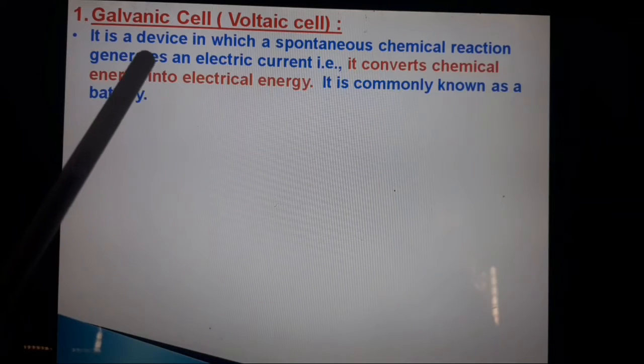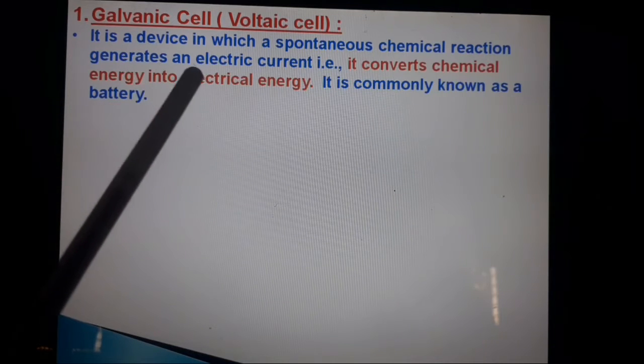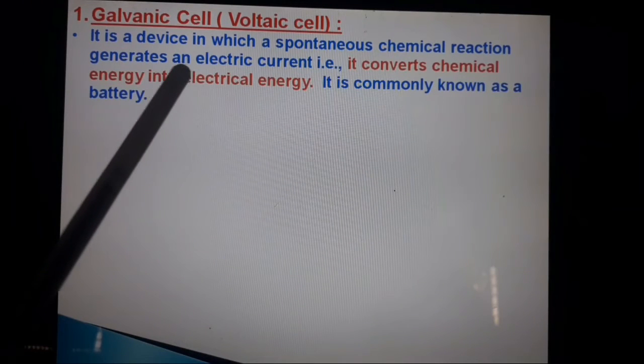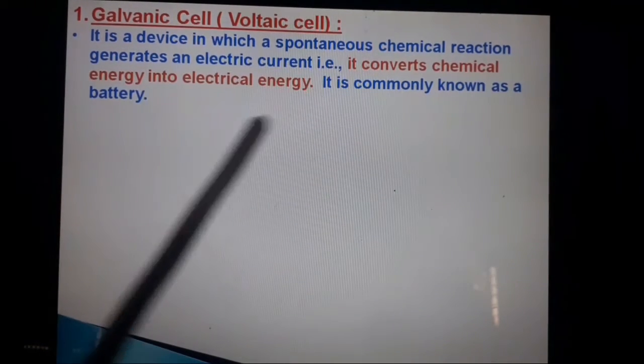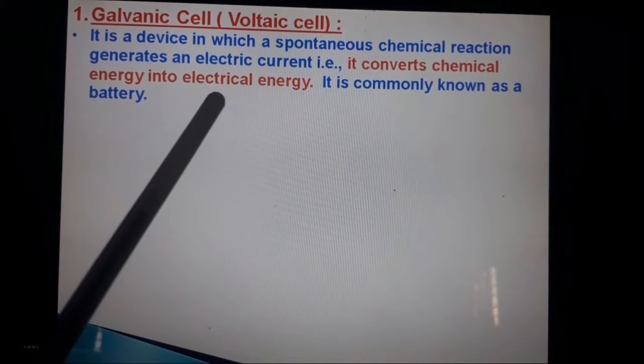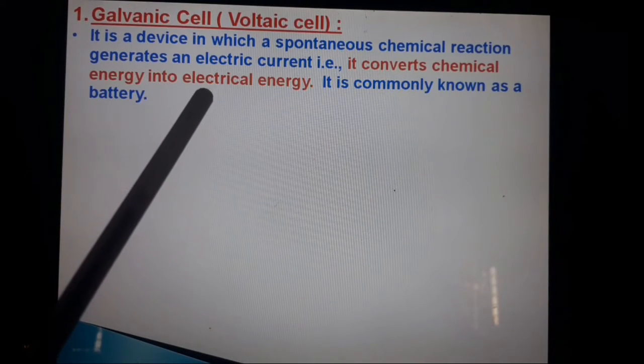The electrical energy is produced from the chemical reaction. This is the main principle of a battery working.